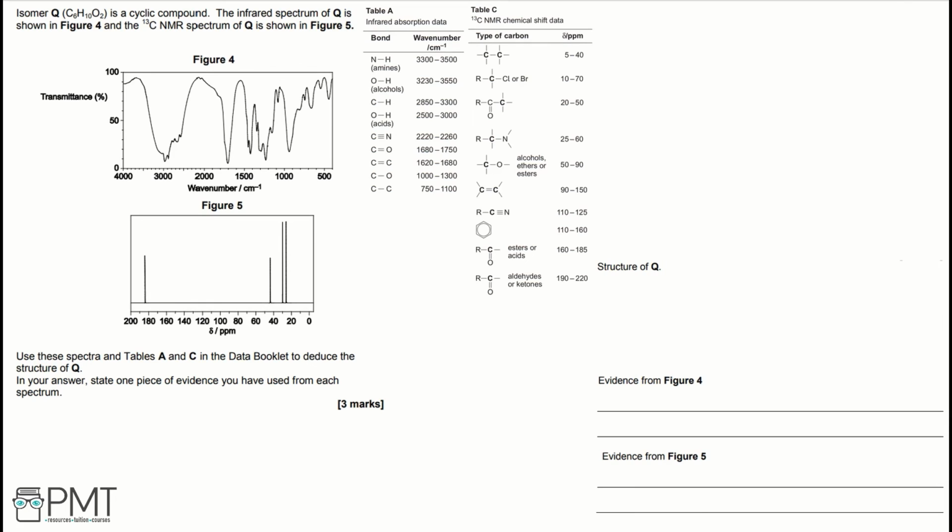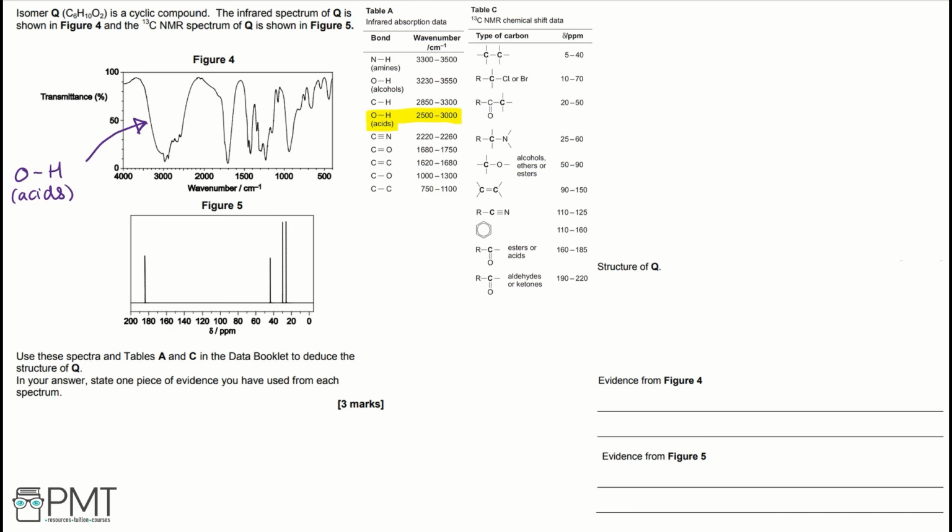So let's start by looking at what the spectra show. If we look at figure 4, that's the IR spectra, and we have this peak here, which is between 2,500 and 3,000. So looking at table A, that's the peak for our OH acid group. So we can jot this down next to the spectra.